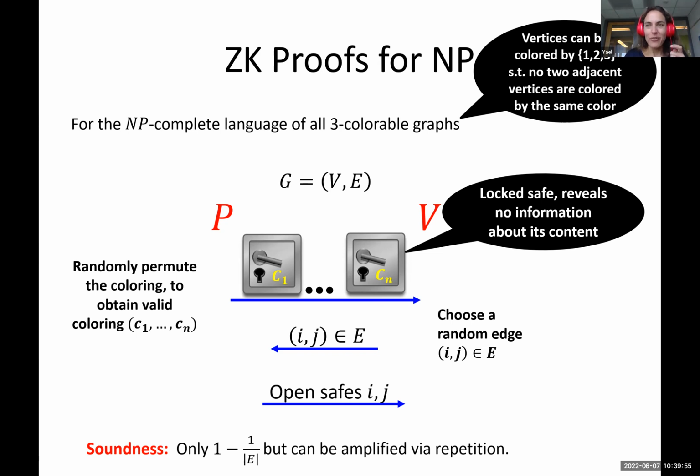You guys have great questions. That's exactly right. Because every time I'm going to randomly rename the coloring, that's what allows me to argue that when I open two random distinct colors, no matter what I saw so far.